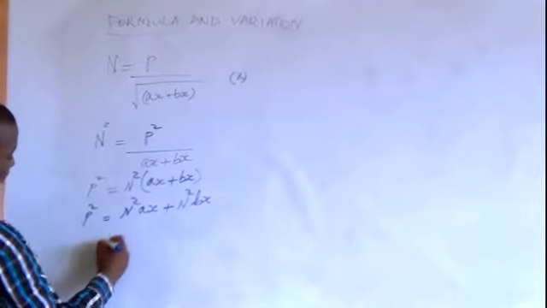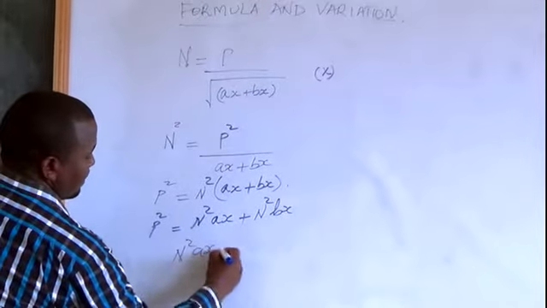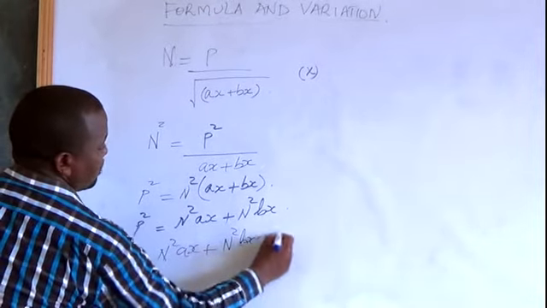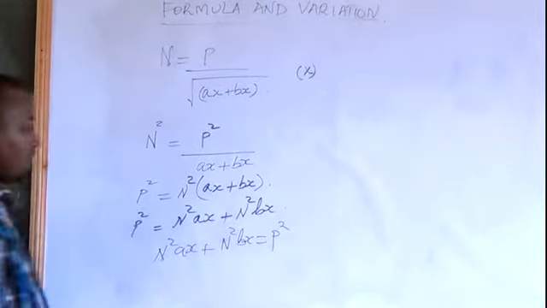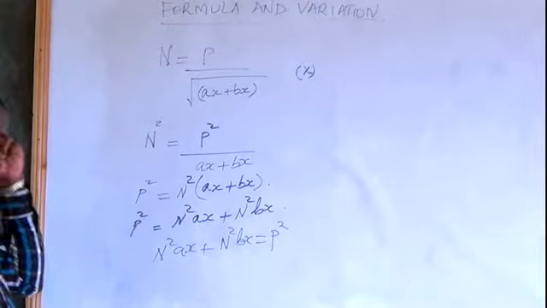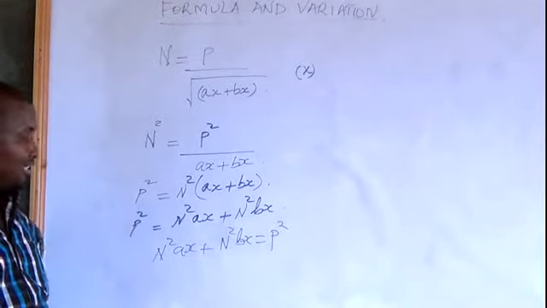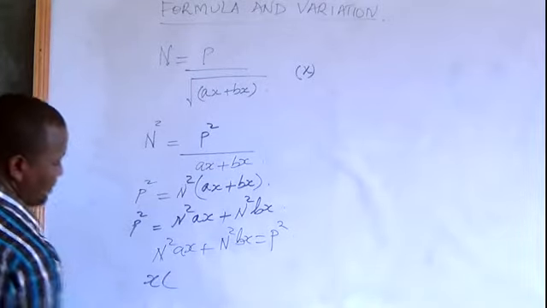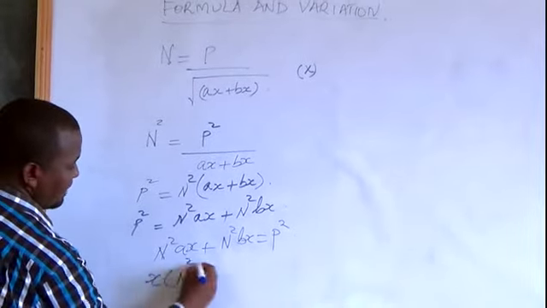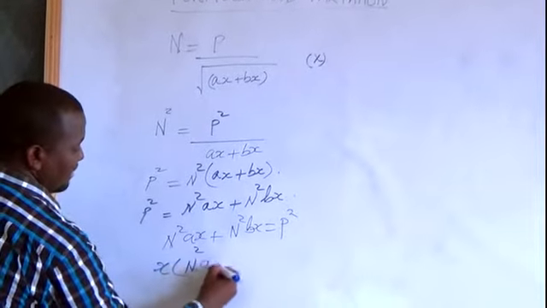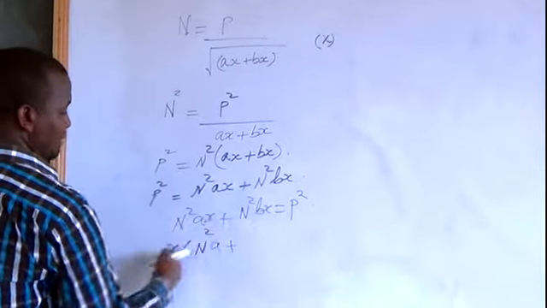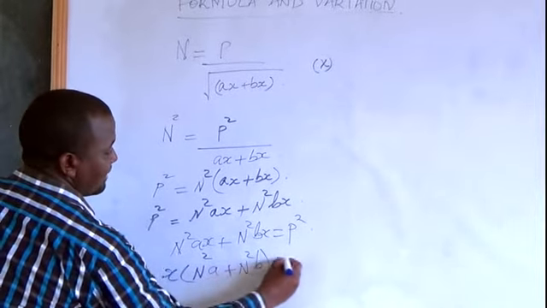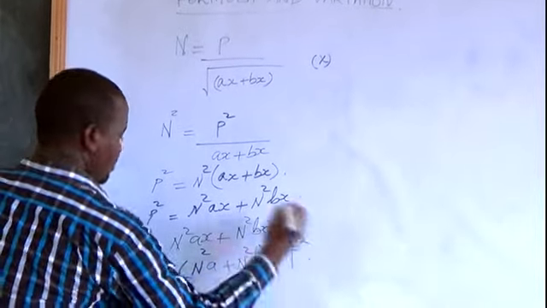So we will have n squared ax plus n squared bx is equal to p squared.